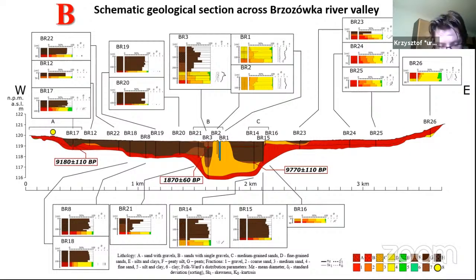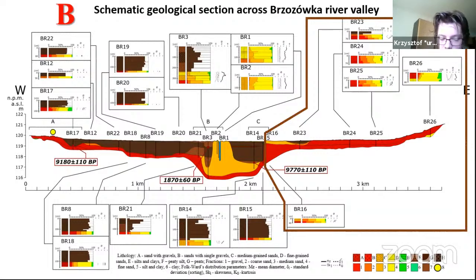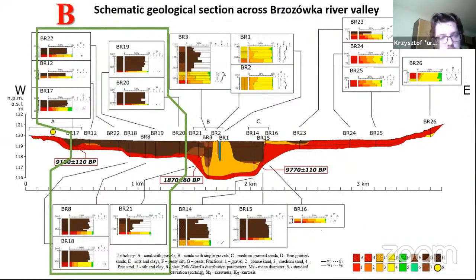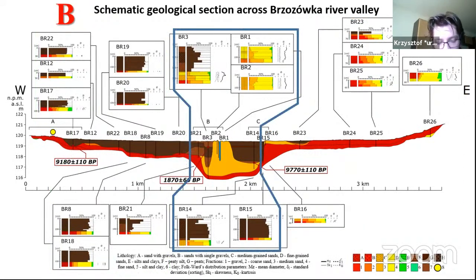In this river, we can distinguish three sections. The first is a sand and gravel section, which built a terrace, then a wide peat plain and a narrow meander belt.